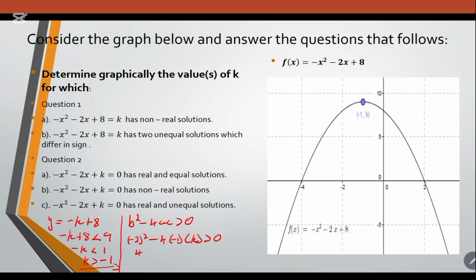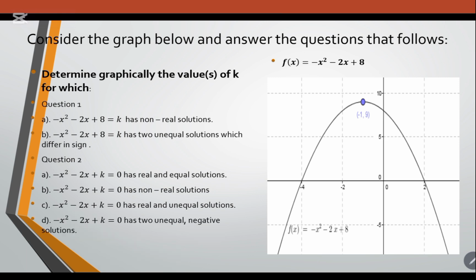So this is 4 plus 4k is greater than 0. We take the 4 that side, we've got 4k is greater than negative 4. We divide both sides by 4 and k is greater than negative 1. So if k is greater than negative 1, therefore the roots of this equation will be unequal and real.